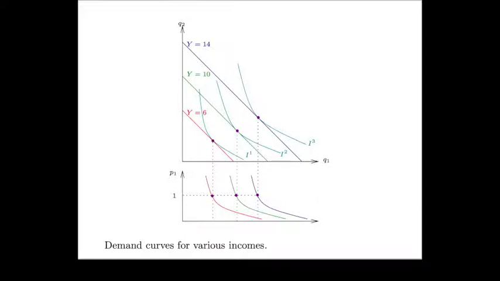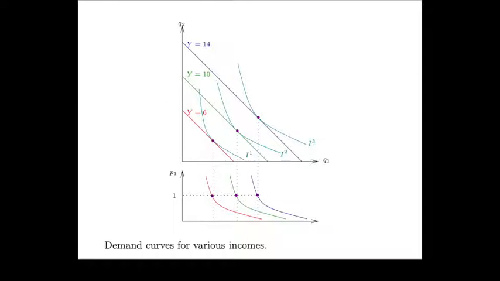Now, each of these income levels is going to describe a different demand curve. Remember, the demand curve tells us how price of the good and quantity demanded relate to one another, holding fixed things like income and prices of other goods. So for each possible income level, we're going to get a different demand curve.